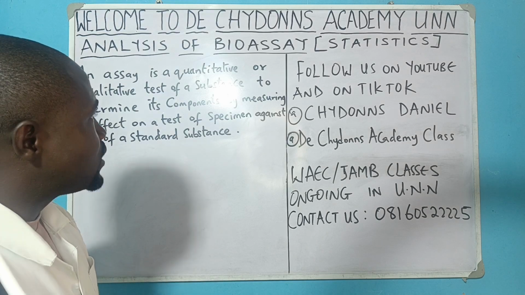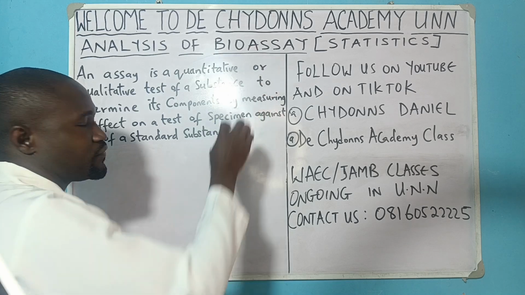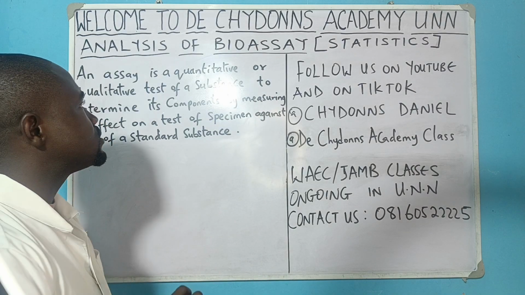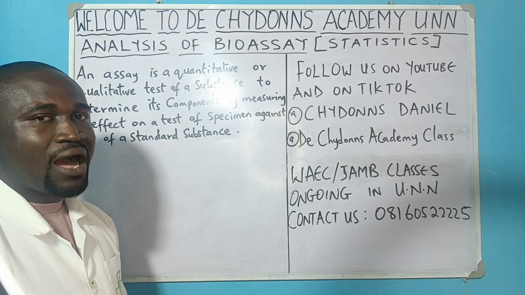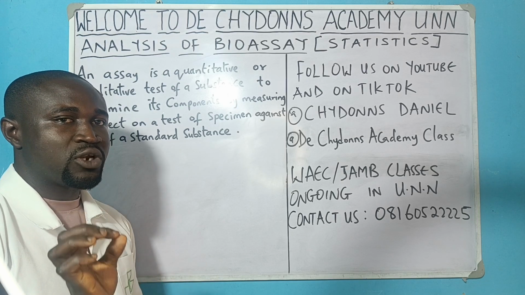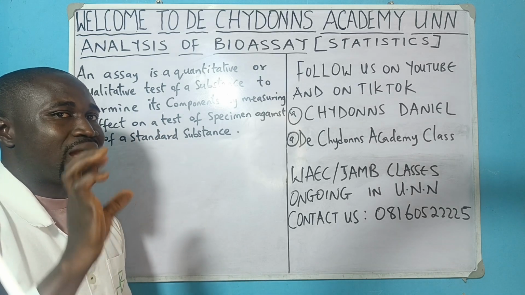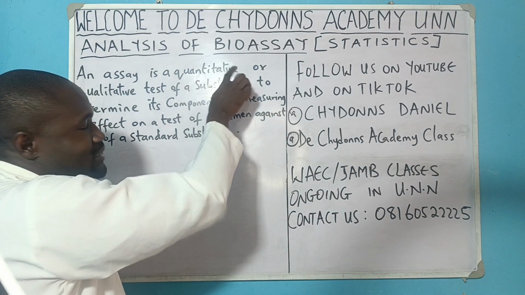What do we try to explain? When you hear the word quantitative, it means that you are checking if the outcome you have is measurable. If the outcome you have is measurable, you can quantify it, you can measure it out and know the value it is. You say it's quantitative.